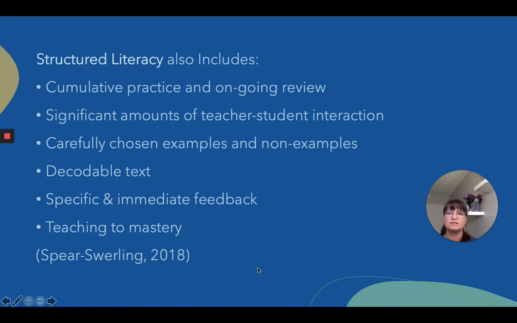So structured literacy also includes cumulative practice and ongoing review, significant amounts of teacher-student interaction, carefully chosen examples and non-examples, decodable text, and we're going to talk a lot more about decodable text in another video, but by decodable in a structured literacy setting, I actually mean that every word on the page that students are being asked to read has been explicitly taught.